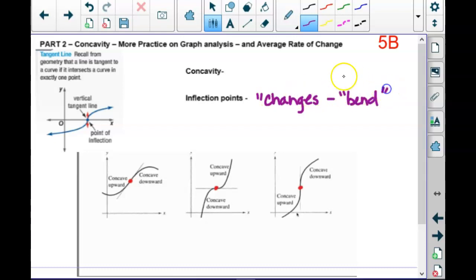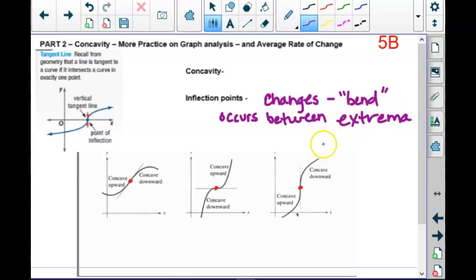And it occurs for us between a max and a min, between the extrema or the maxes and mins.